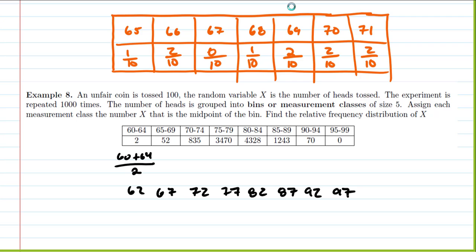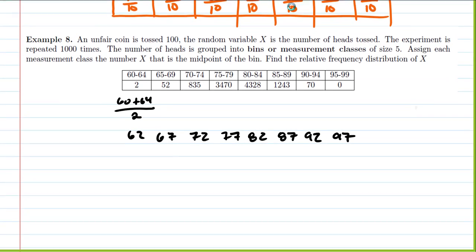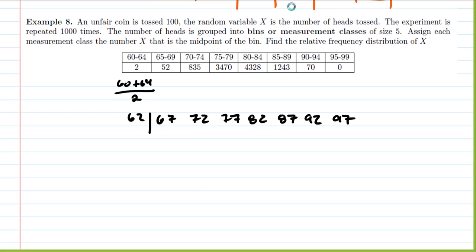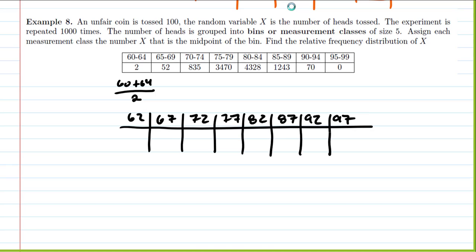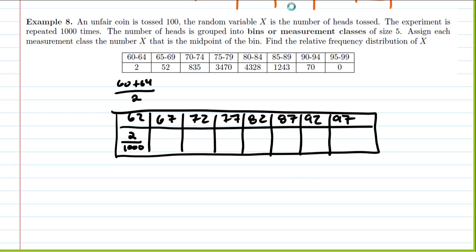So we now want to create our relative frequency distribution. So using those values, we're going to have 2 over 1,000, 52 over 1,000, 835 over 1,000.